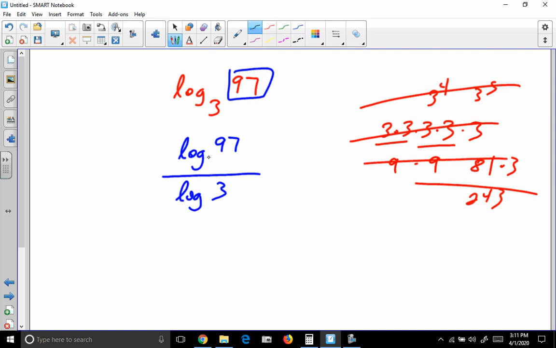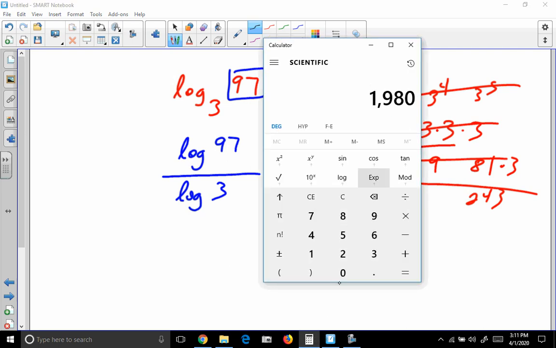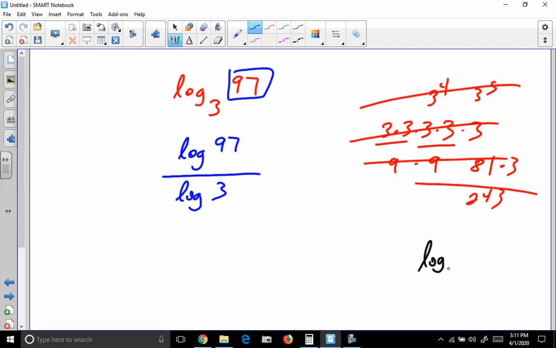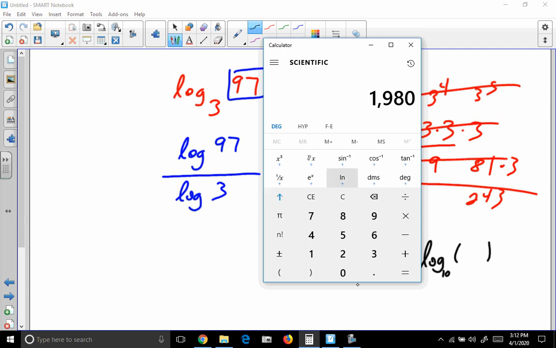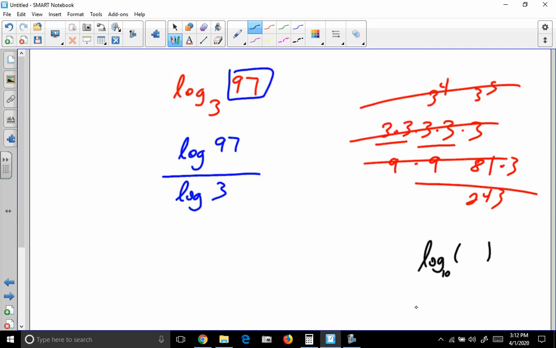We can technically change it to any new base that we want, but our calculator has either LOG, which is by default base 10, or LN, which is just log base e. This is just a shorter way of writing log base e. Those are the two bases we're going to change it to.